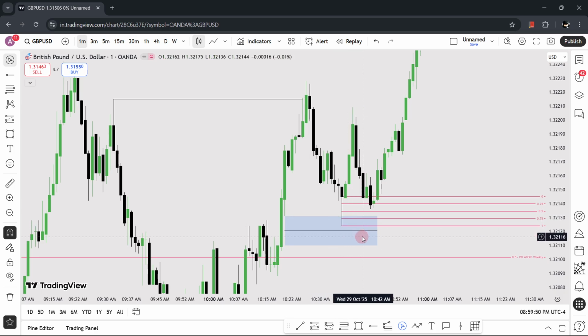So if you have to trail the stop loss, don't put it at the closing price of that last, lowest candle. If there's a huge wick like this, try to put the stop loss at the 0.5 level, mostly below the 0.5 level, maybe even at the 0.7 level. So that's it.